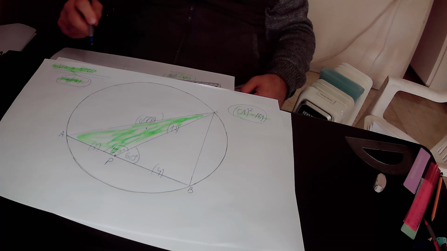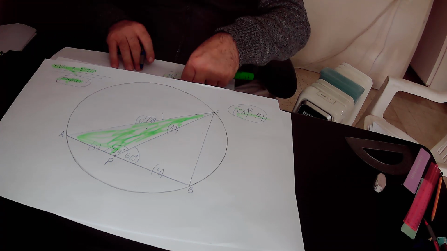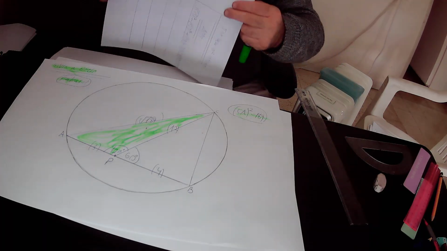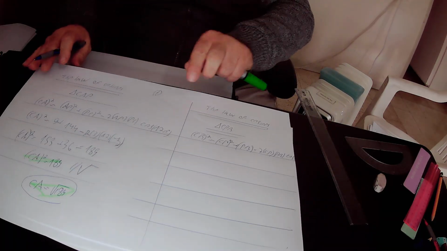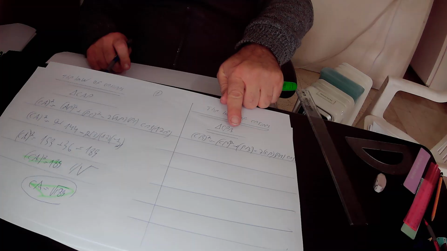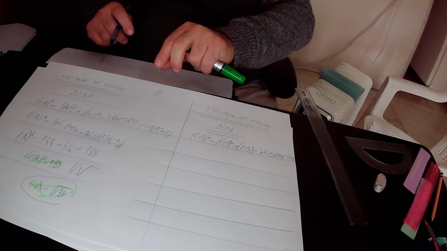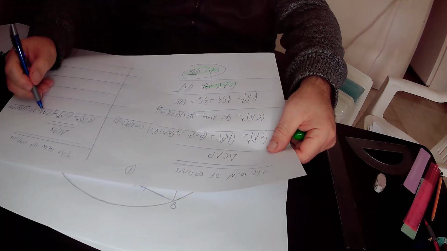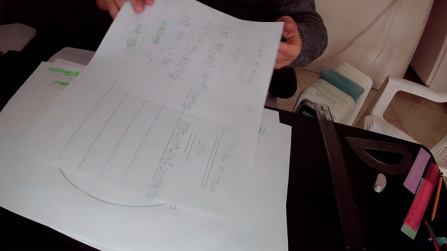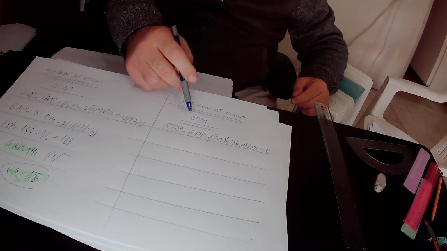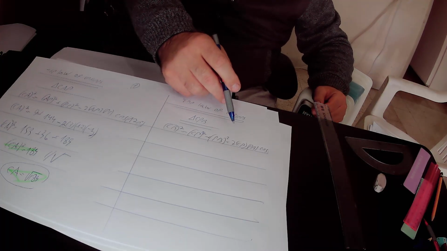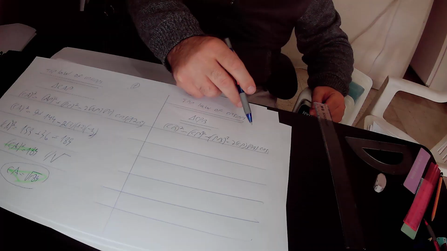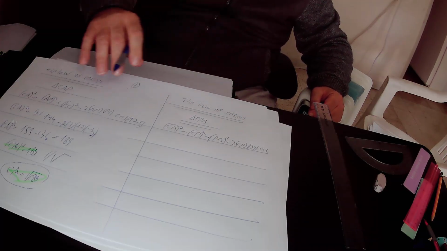Repeat again, in this right triangle CPB, according to the law of cosines, the following equation is true. CB square equals CP square plus PB square minus 2 times CP times PB times cosine 60 degrees.